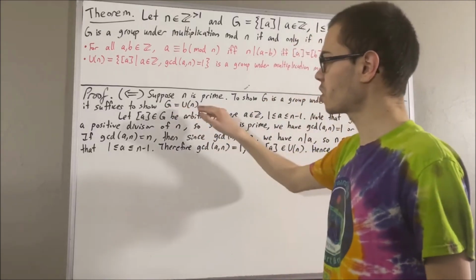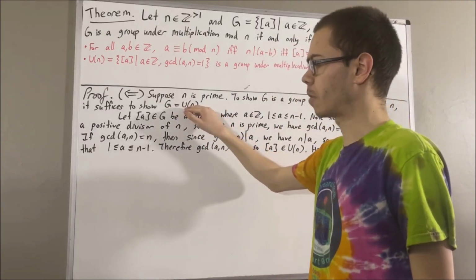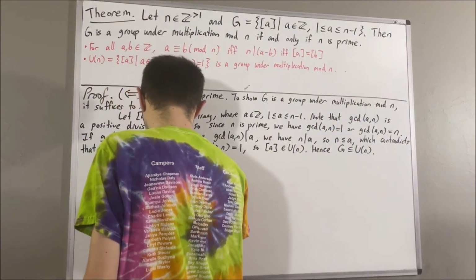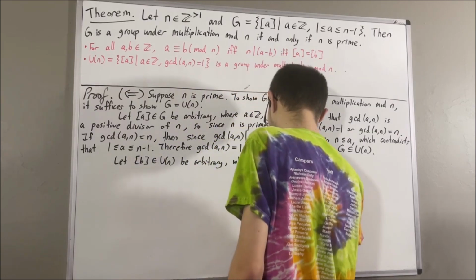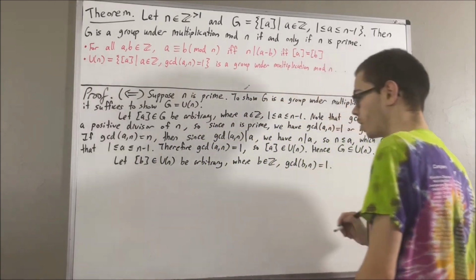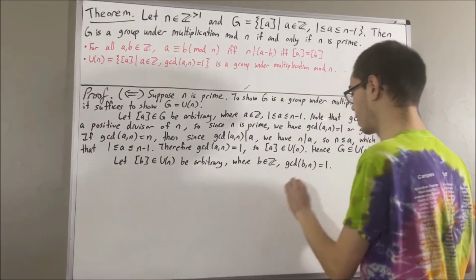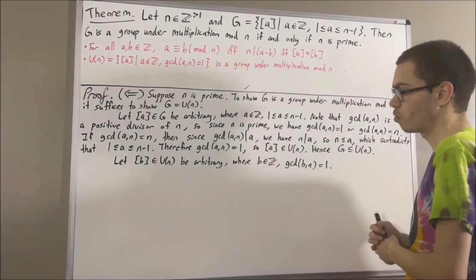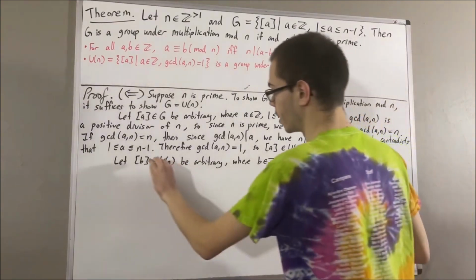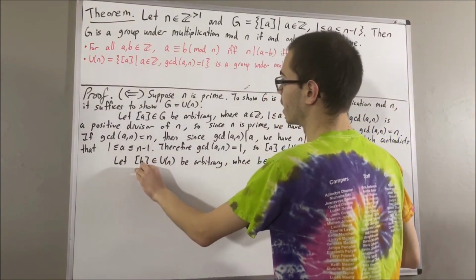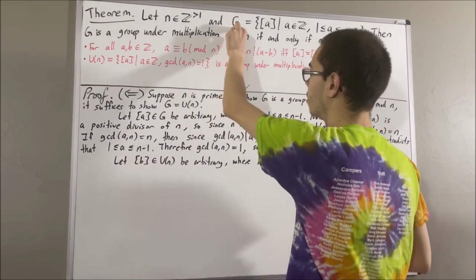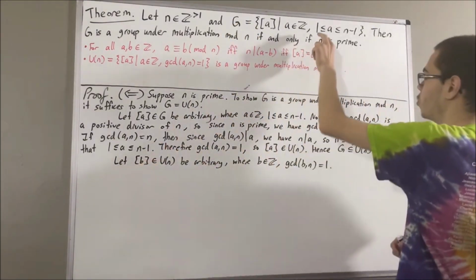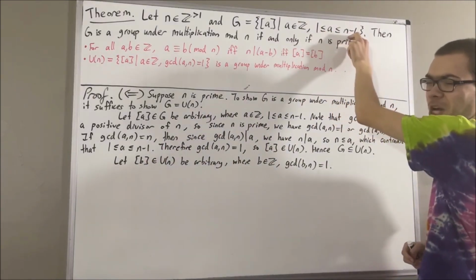To do that, let's give ourselves an arbitrary element of U of n. I'll call it the equivalence class of b this time. Well then, by definition of U of n, we get that the greatest common divisor of b and n is equal to 1. And now, we would like to show that the equivalence class of b lies in G. But it's not necessarily going to be the case that b lies between 1 and n minus 1, right?